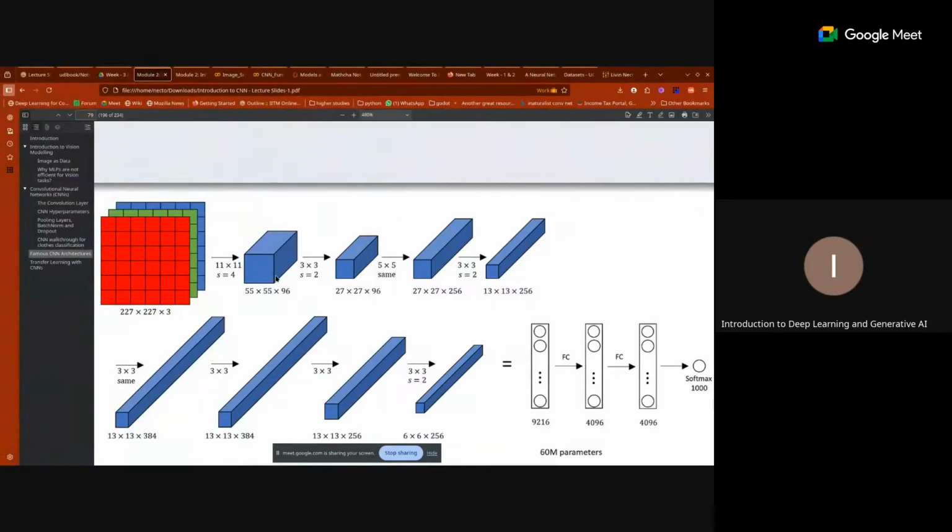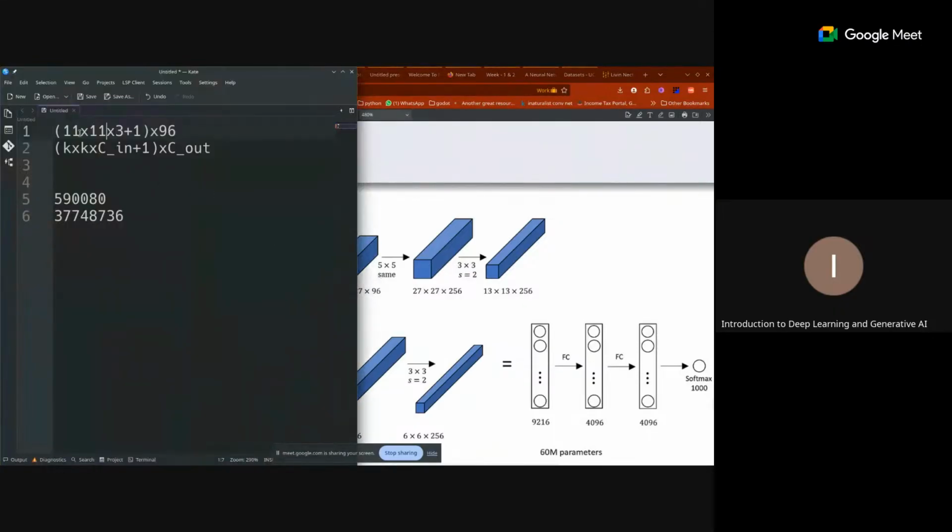We have 96 such kernels producing 96 such images, feature maps, depending upon the number of output channels, or the number of filters used.